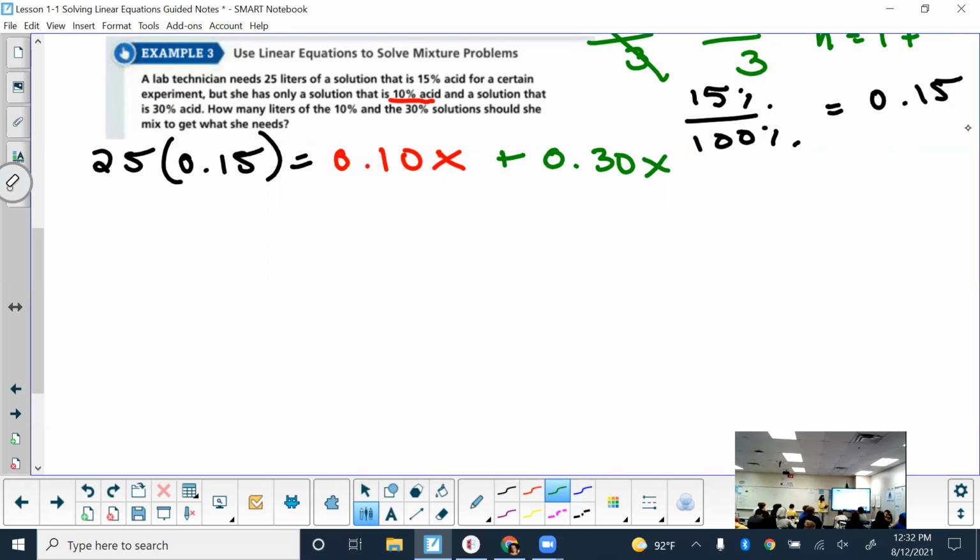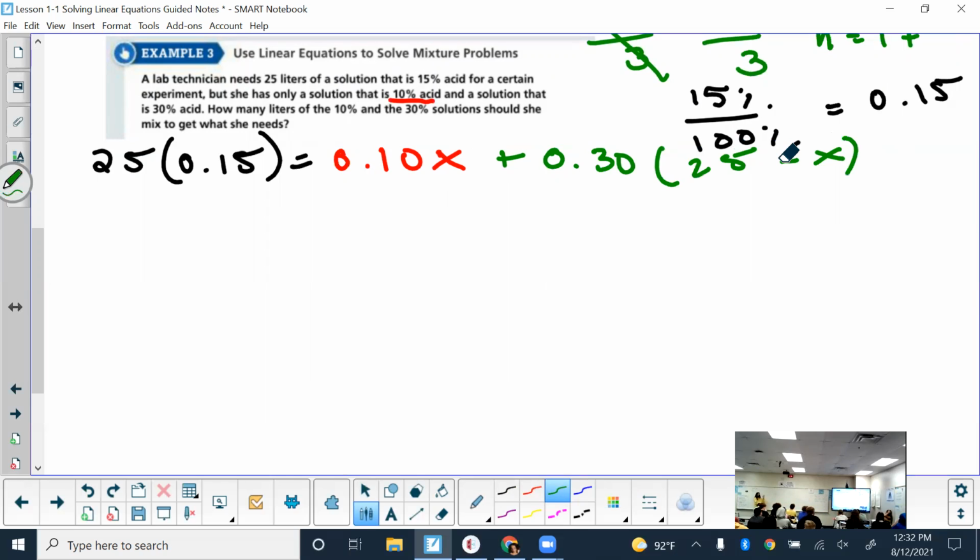So I'm not going to do that either. What I am going to do is, since I know I need to have 25 liters total, put in parentheses 25 minus x, where the x represents the liters of the 10% solution.